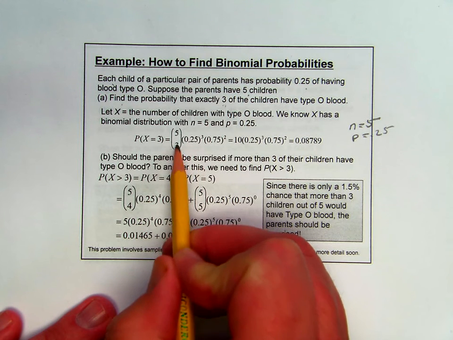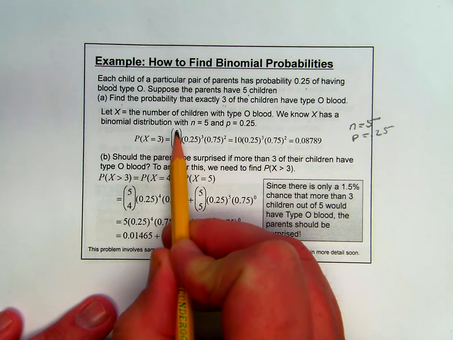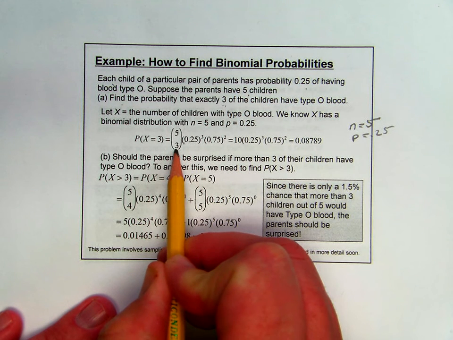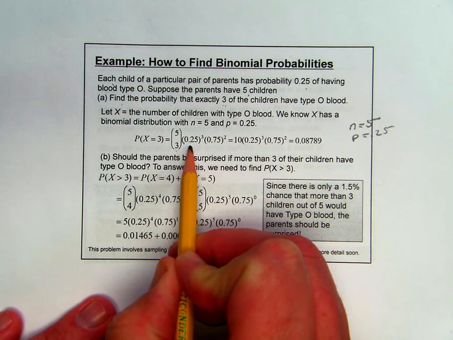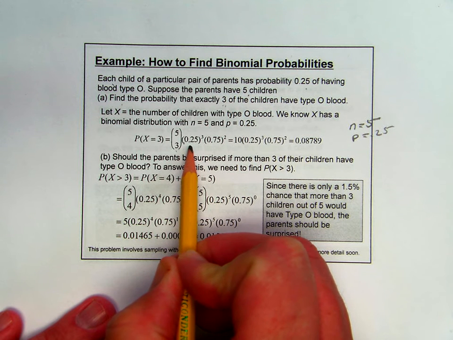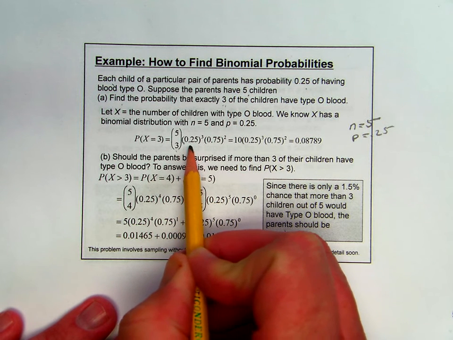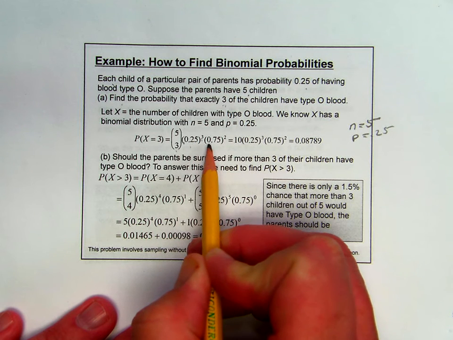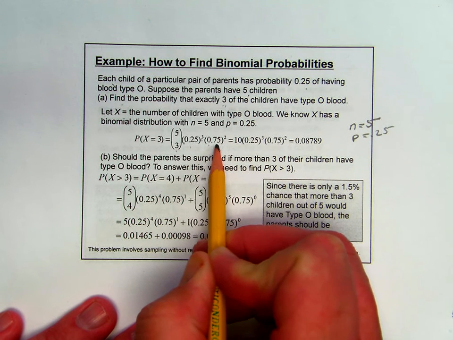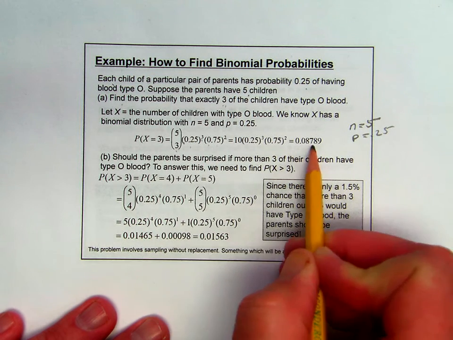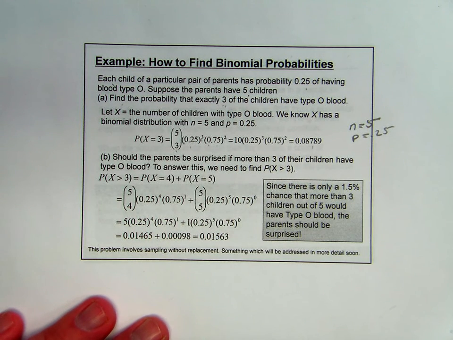That 5 over 3 inside of parentheses means the same thing as 5C3. 0.25 chance of being successful in this case. What is successful? Having type O blood, that's happening 3 times. 0.75 happening twice. So a little less than a 9% chance that you'll have exactly 3 children with type O blood.